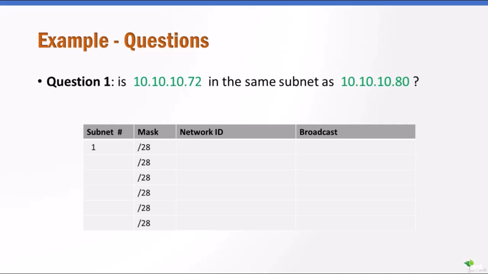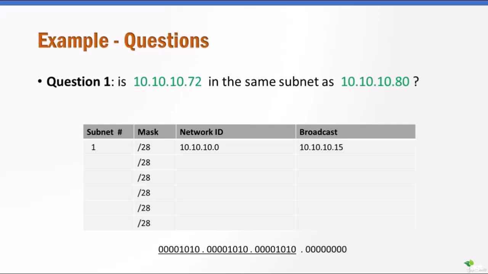Okay, so subnet number 1 went from 10.10.10.0. And with /28, it means that the broadcast IP for this subnet was 10.10.10.15. Because when you take the host portion, which was 4 bits, and fill that with 4 ones, that's 15.